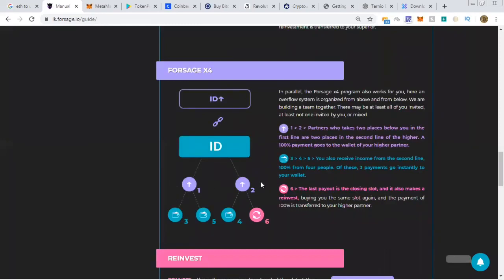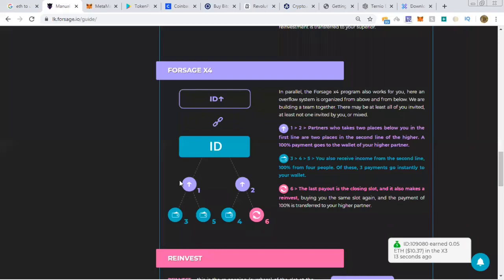X4 is considered a top row and a bottom row. On the top row, you can see these arrows inside of the circles that represent a higher partner, which doesn't always mean it's your direct partner. Yes, oftentimes it can be and will be your direct partner, but the higher partner also means the payment is going up to potentially anyone in the system, usually staying within the framework of your team.